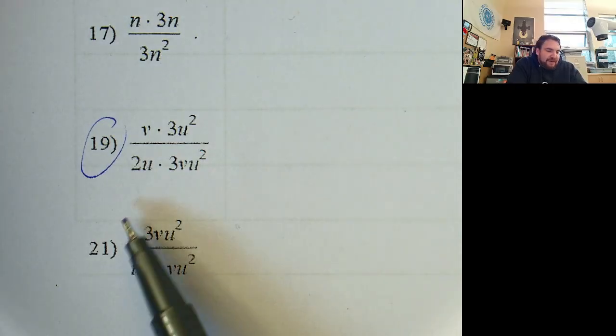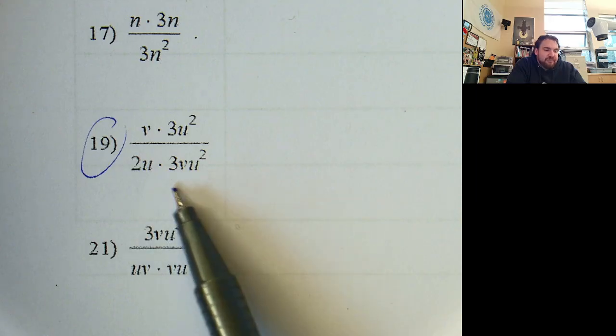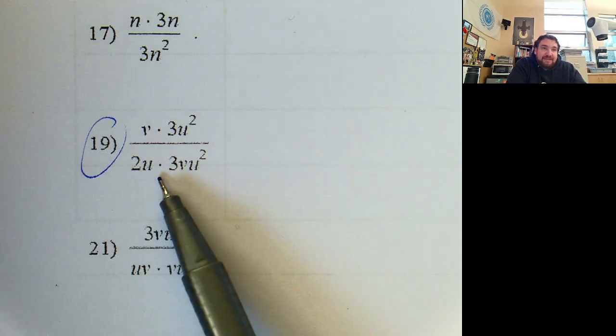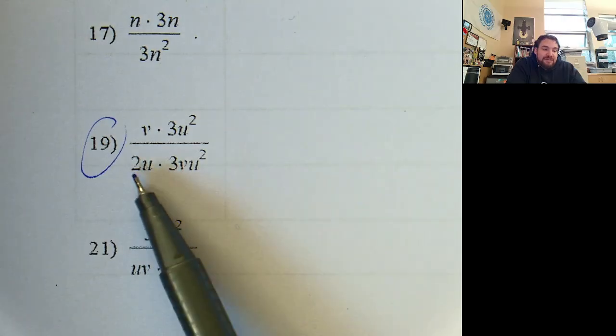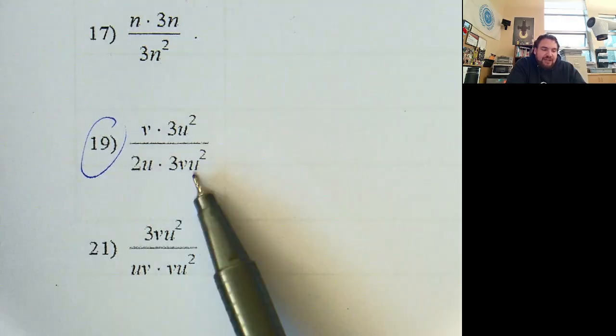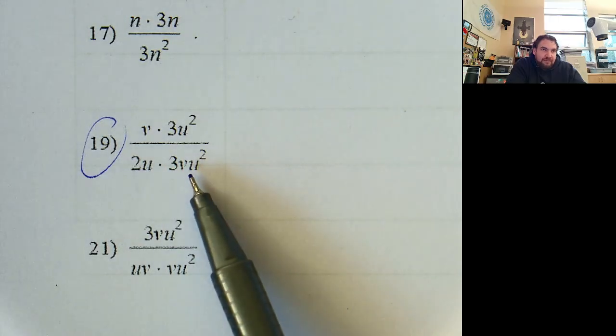Do I have any same bases in the denominator? 2u is not a base. 2 is a base, u is a base, 3 is a base, v is a base, and u is another u base. You have to look at them individually.